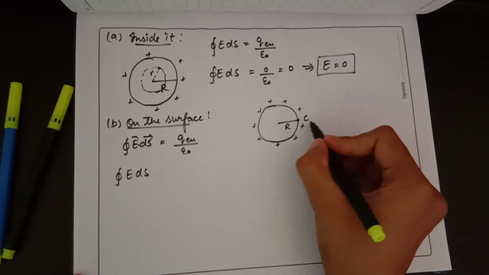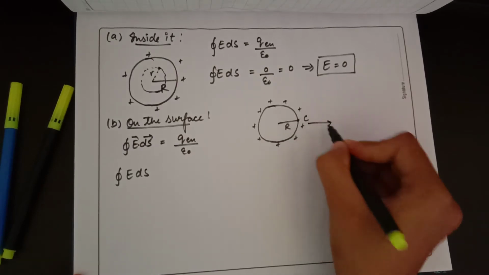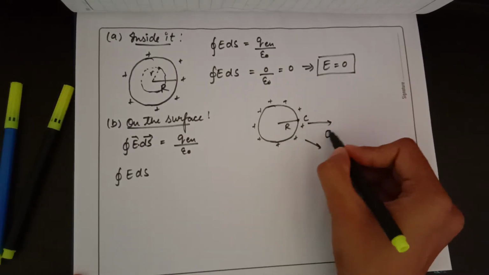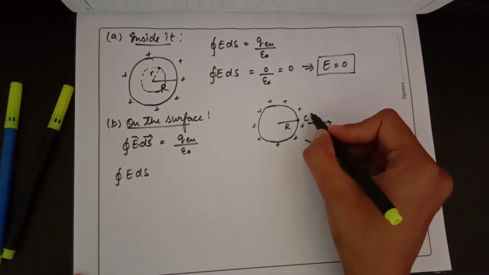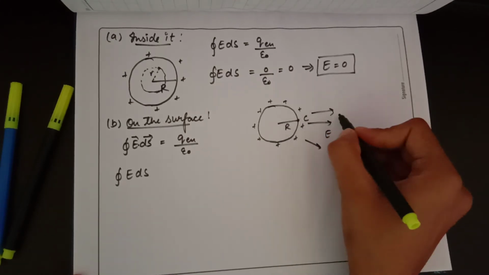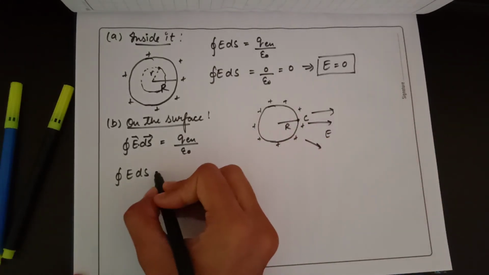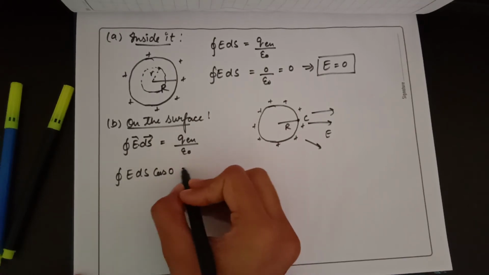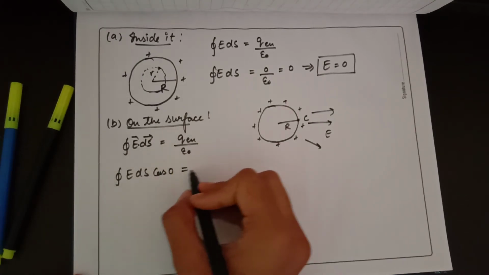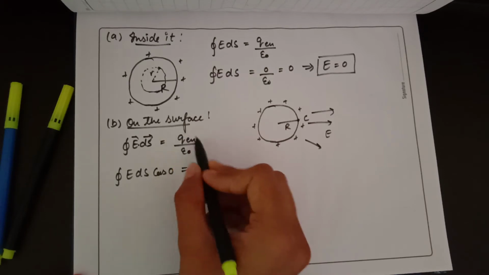What will be the angle theta? As you know, E is outward. This is the direction of E, and the same is the direction of the area vector. So I get cos 0 here.